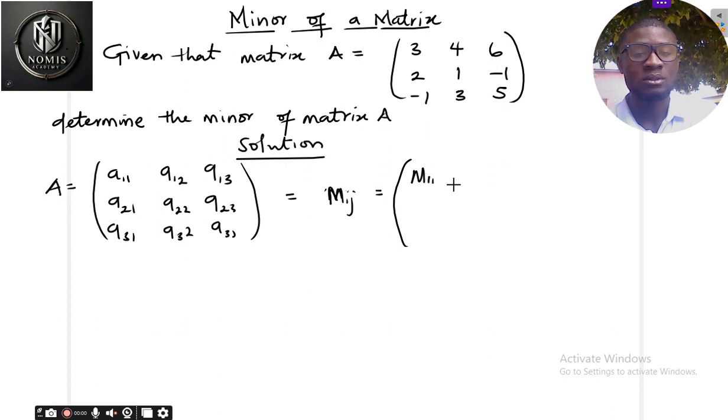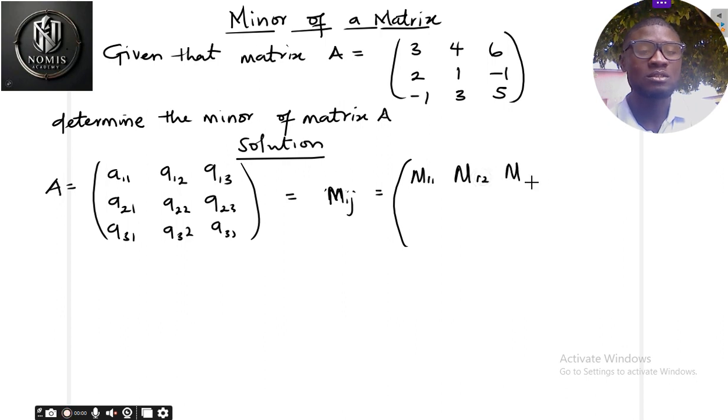So we're going to have a value to stand in the position M11. When we repeat the same, deleting row 1 with column 2, we will have a value to stand in the position of M12.